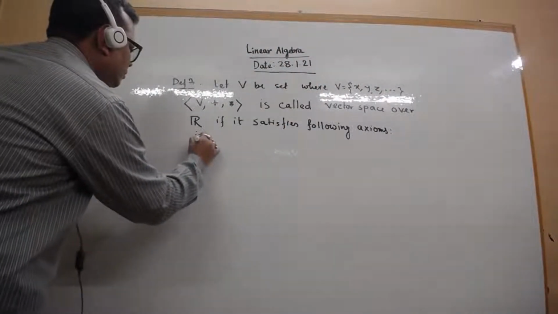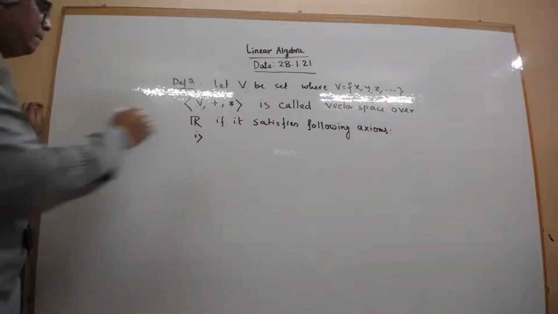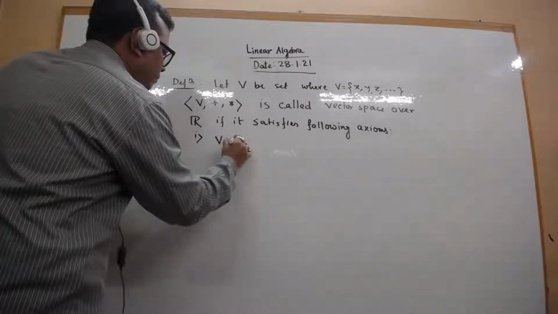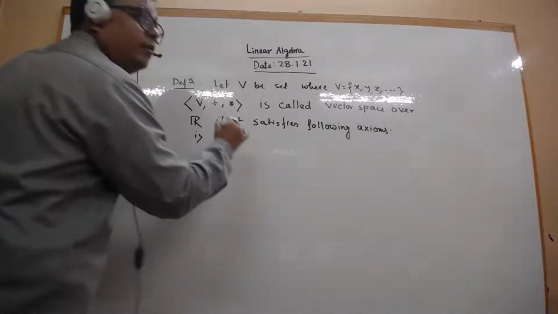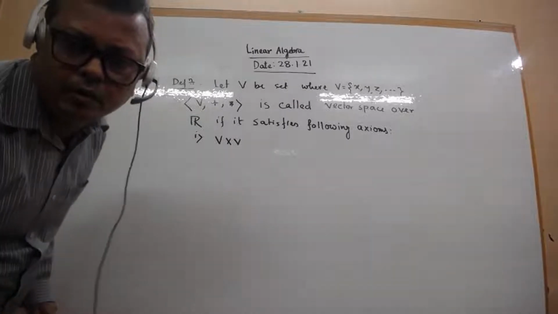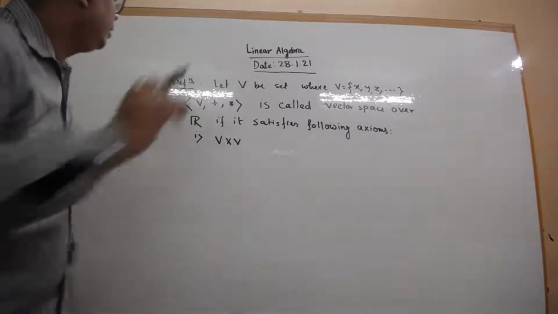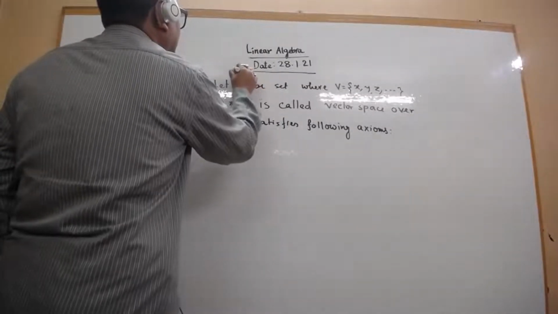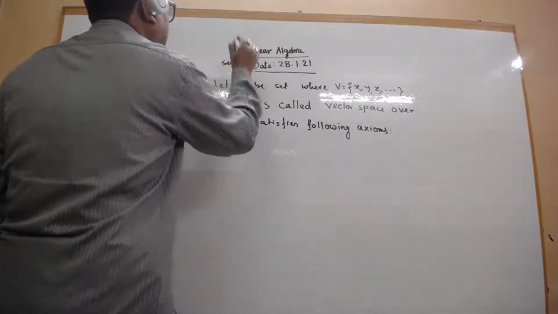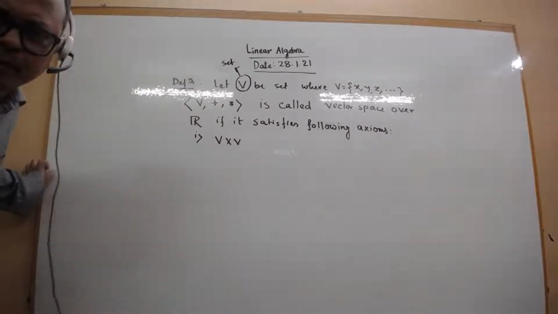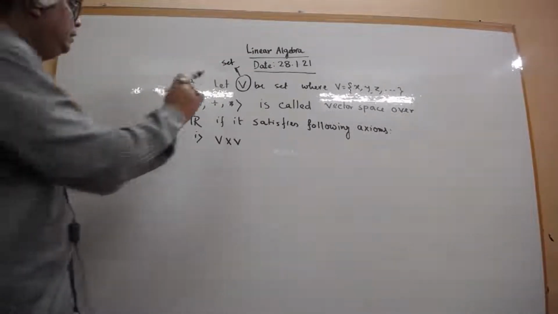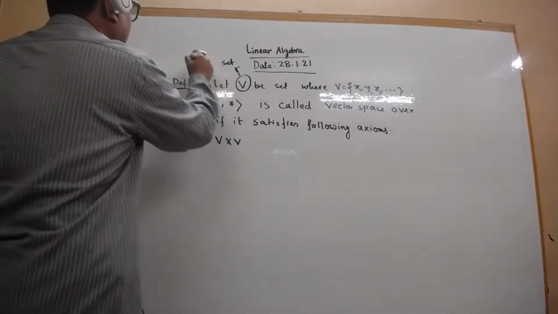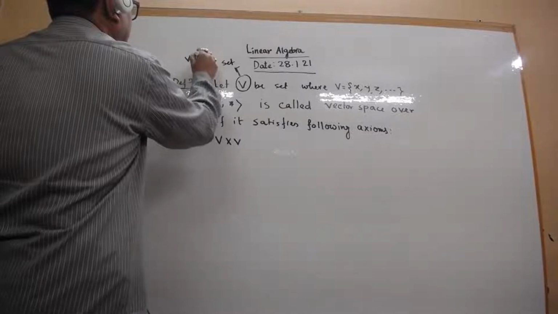One. What does V know? V is a set, any set. Before the vector addition. And this is called vector addition. I define it. This is a vector addition.